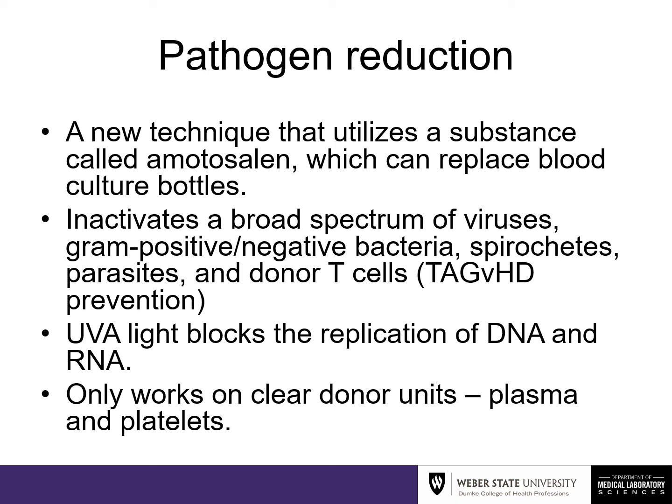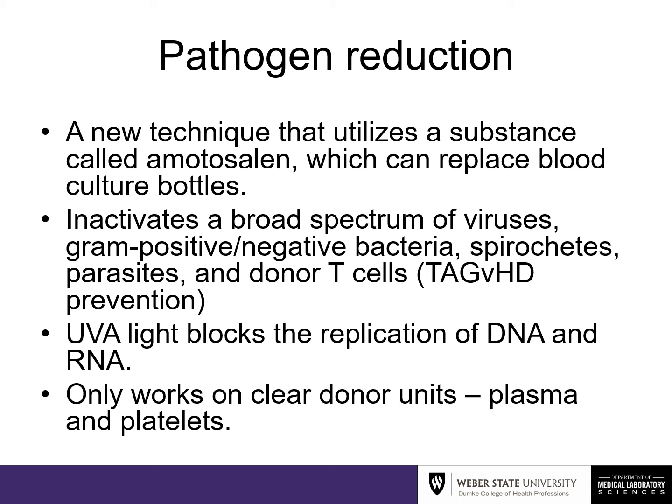This is generally caused by bacteria on the donor's skin or a donor that has asymptomatic bacteremia. So pathogen reduction is a more effective way to test platelets for bacterial contamination compared to blood culture bottles. This is because blood culture bottles take too much time for bacteria to grow.